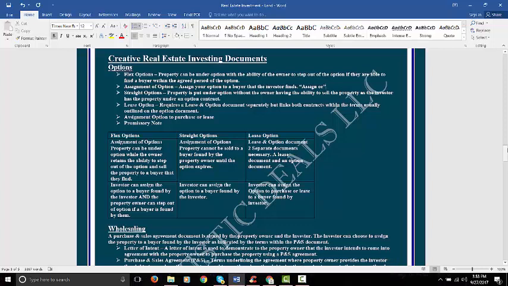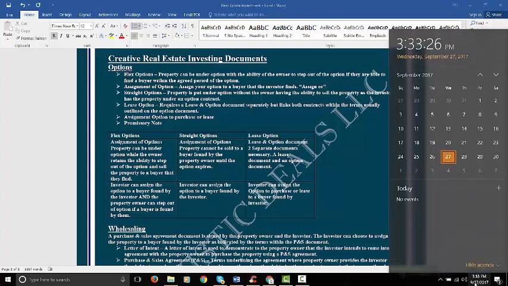In addition to that, if you're ever in a situation where you have a property under contract, a purchase and sales agreement, not an option. An option just basically means that you agree with the property owner that within a period of time, let's say today is September 27, by next month, by October 27th, that would be one month, for that period of time I have the exclusive right of buying the property.